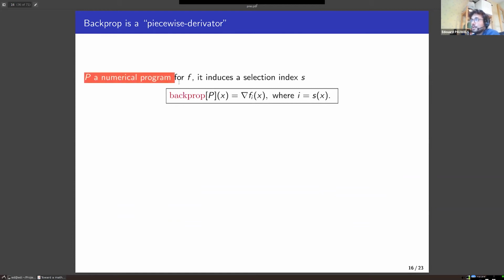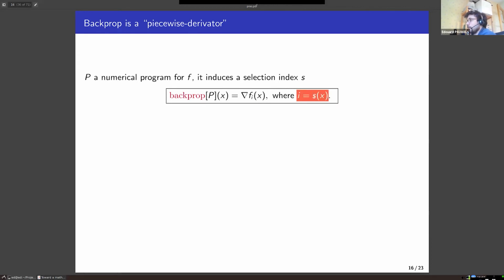So it's the same setting. If you have a numerical program for f, then this program will induce a selection index. The selection index doesn't need to be known explicitly; it's just induced by the program. So what does backpropagation do? Simply, it provides as an output the derivative or the gradient of the function which corresponds to the active index.